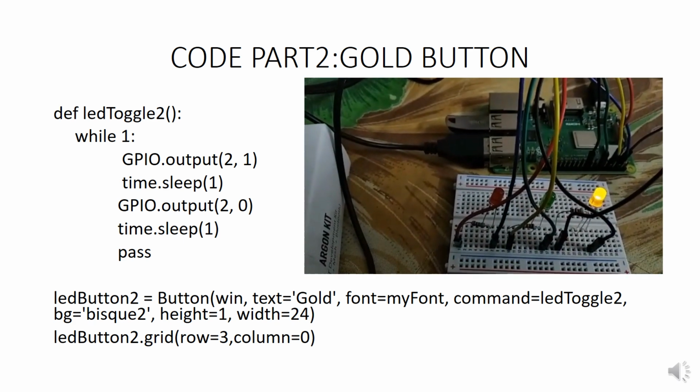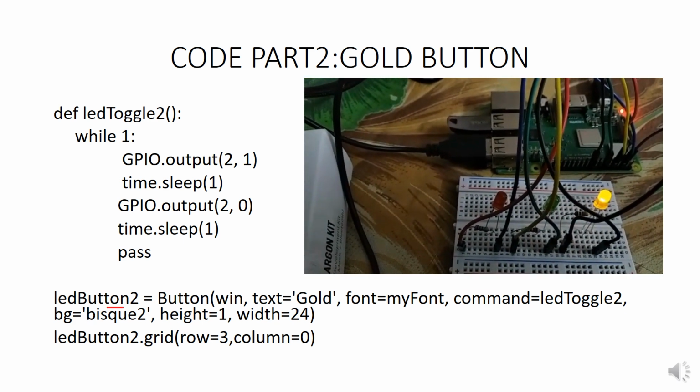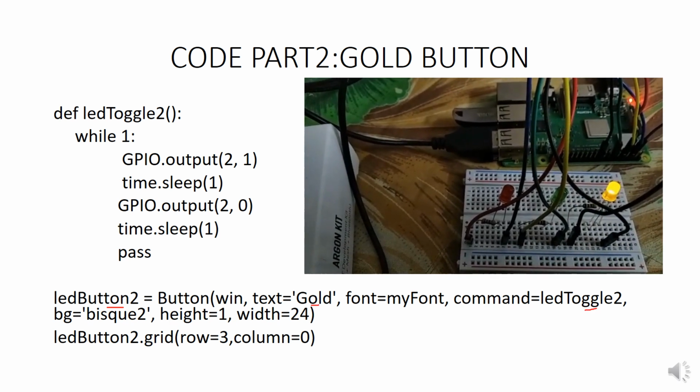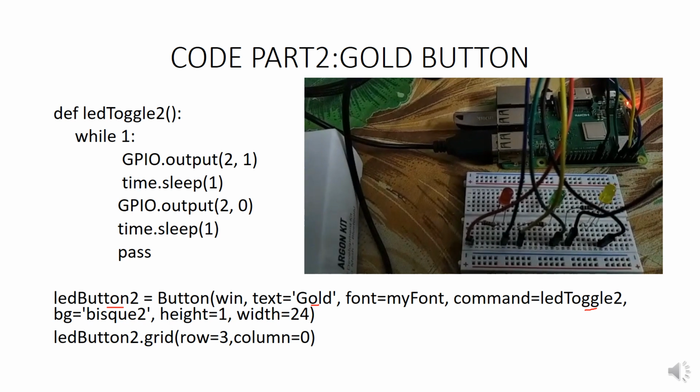Similarly, gold button, LED button 2, labeled as gold, LED toggle 2 is the function which is going to be called, height and width are set, position at row 3, and when the function is called, the LED turns on and blinks, on for 1 second, off for 1 second, and it repeats.